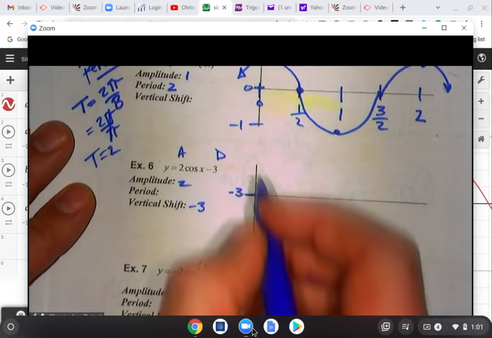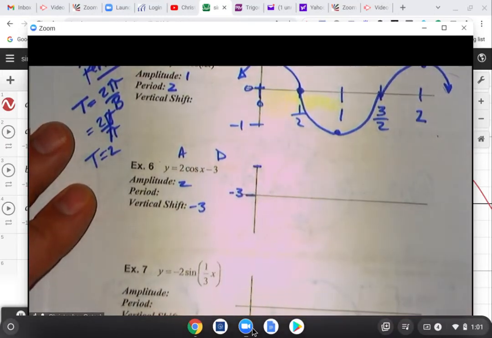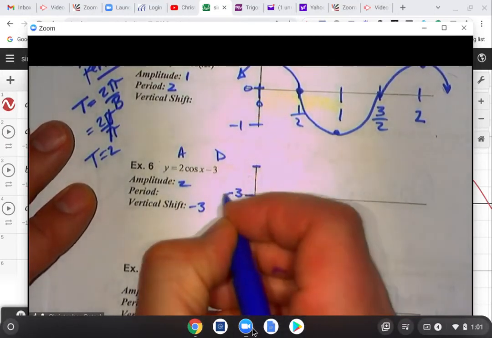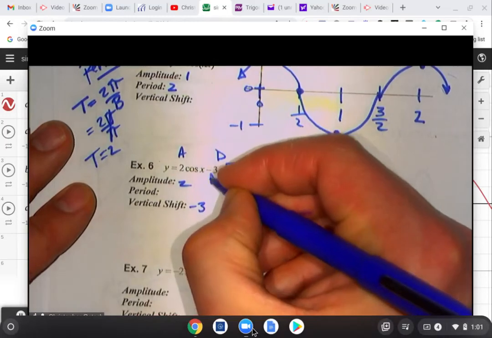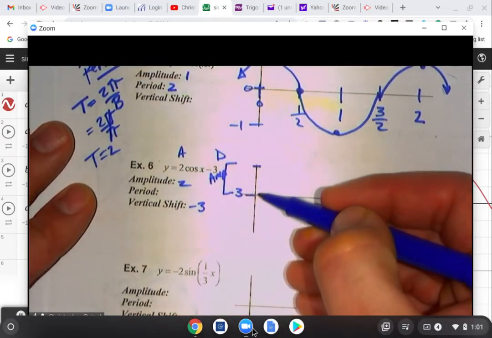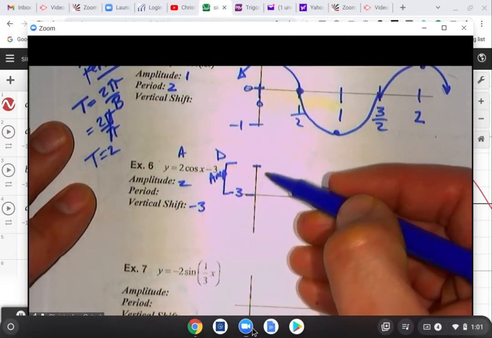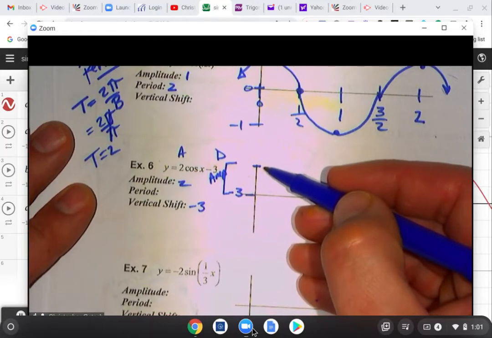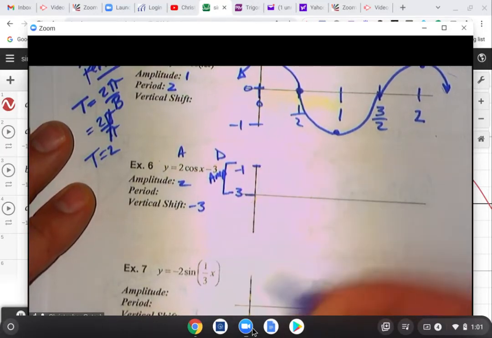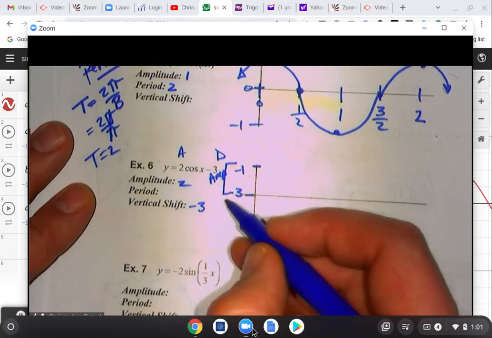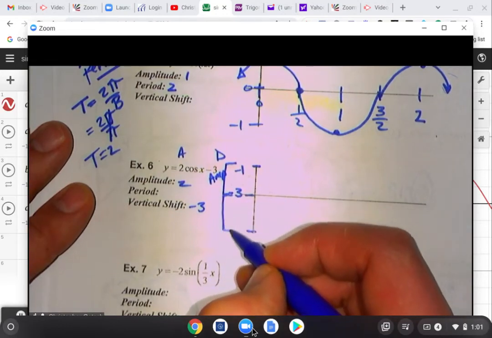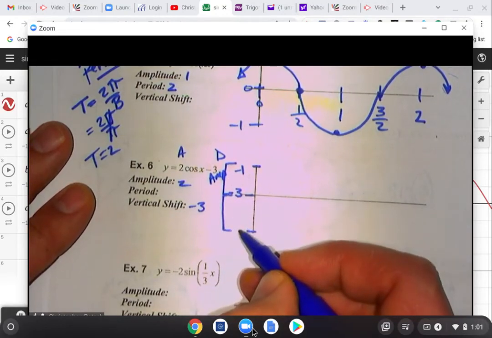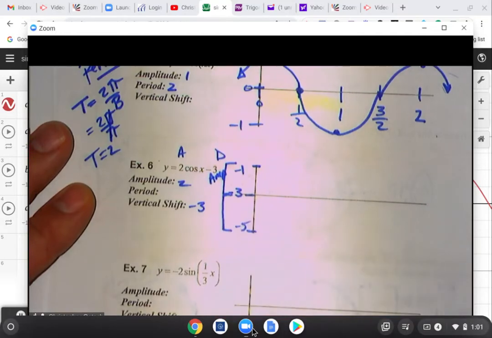And then I count up my amplitude. So this distance from here to here is your amp. So if I'm at negative 3 here, and I add 2, what does that put me at? That's negative 1, very good. And if I subtract my amplitude, if I count down 2, where does that put me? Negative 5, perfect.